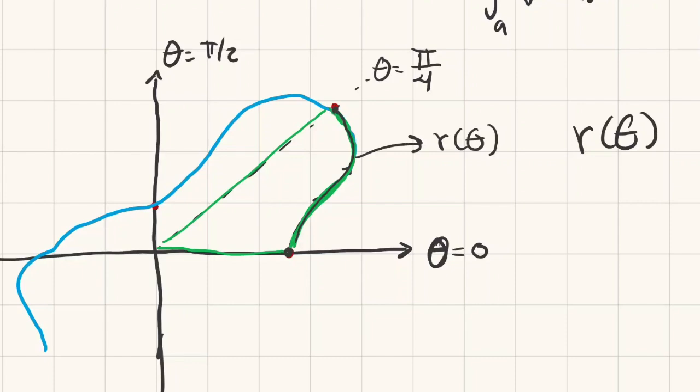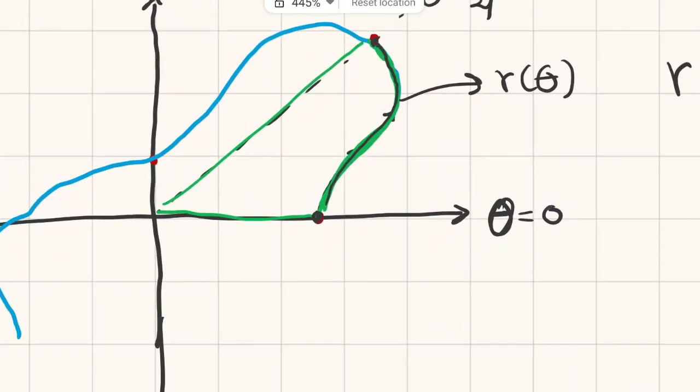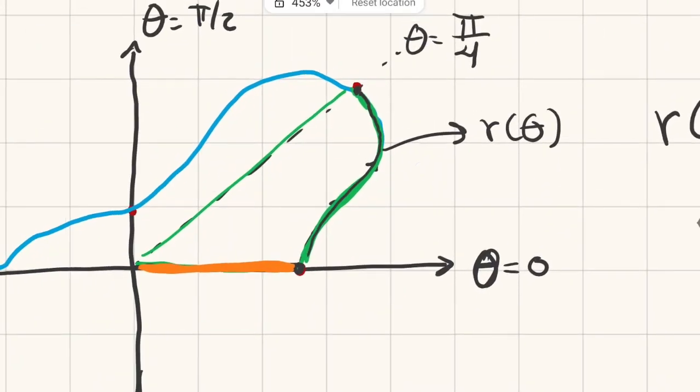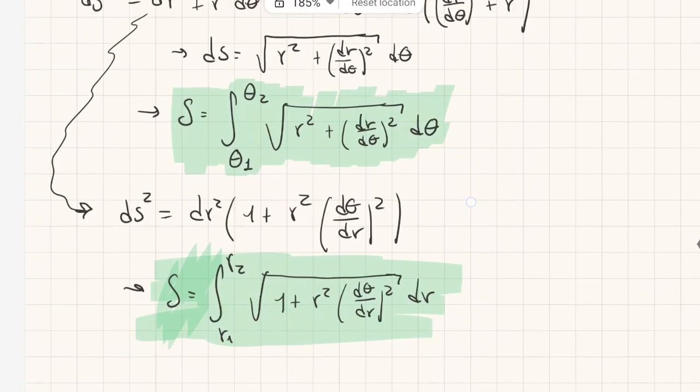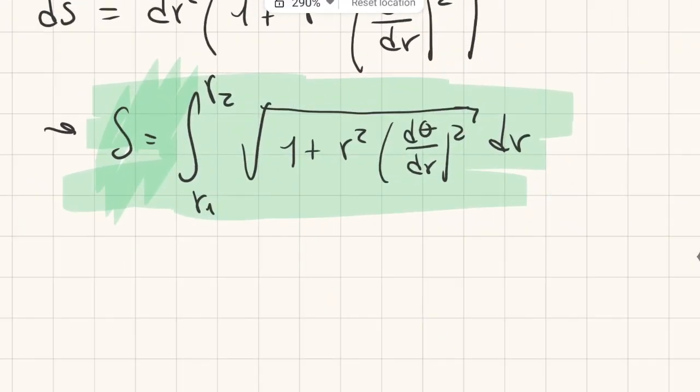Now we are going to start from an initial radius that is going to be the radius corresponding to the initial point of the curve, right? So that radius will be this one over here, the value of the function at theta equals 0. And then the final radius, of course, will be this one over here, which is the value of the function at theta equals pi over 4. So those will be the limits of integration in case you want to use this formula.